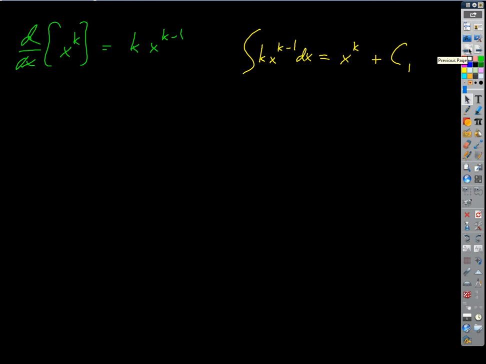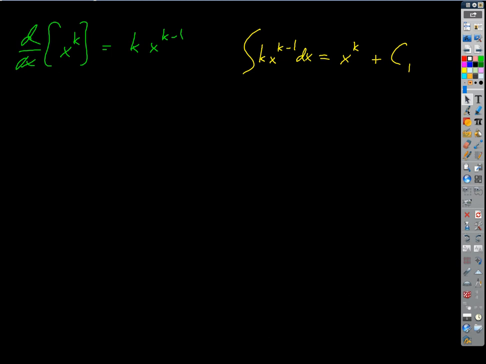Okay, what about this one? Let's just do one more of these. Everybody agree that's where we're going to start if I just flip these things around? The antiderivative of this has to equal that plus some constant, right? That's not a very convenient way to write that, though, is it? Because think where we'd be using this.